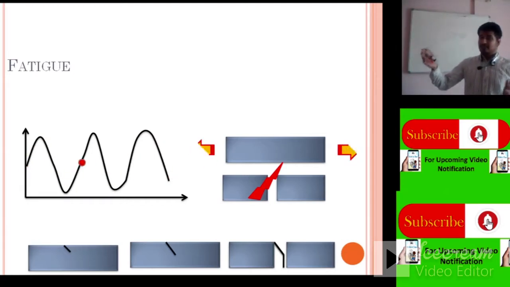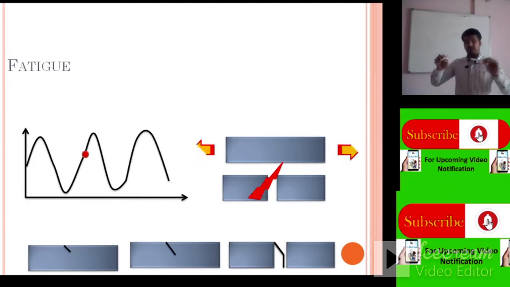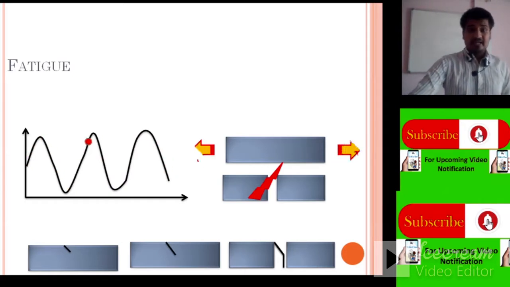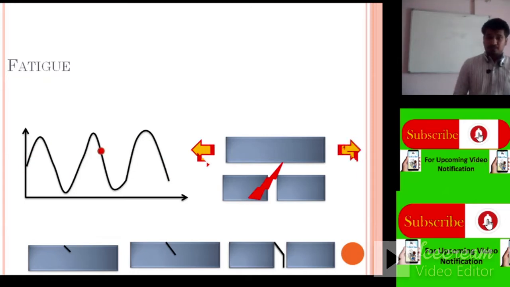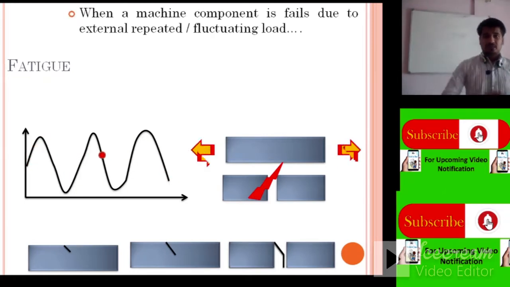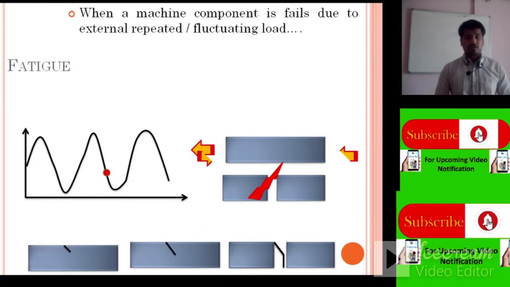Here you can see that the long piece breaks into two segments. That time we say it is fatigue. But here we have to consider that the load applied is not a constant one, it is a fluctuating one. Okay, now we will read the definition of fatigue.